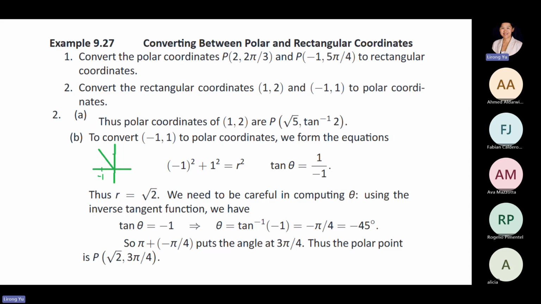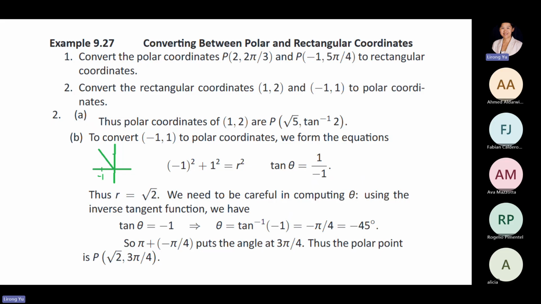The second one is the point (-1, 1), which is in the second quadrant. The radius calculation gives us root 2, r equals root 2, because (-1) squared plus 1 squared is 2. Now the angle, because it's in the second quadrant, the tangent inverse of -1 gives you -45 degrees. But we don't want a negative angle. A negative angle is in the fourth quadrant.